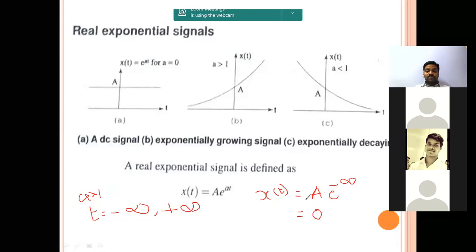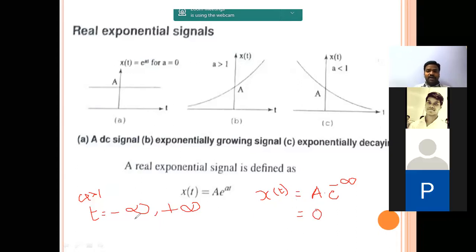That is why this point indicates that the signal starts from minus infinity and keeps on increasing when we substitute. So what happens if we consider T is equal to plus infinity? What will you get for X of T?